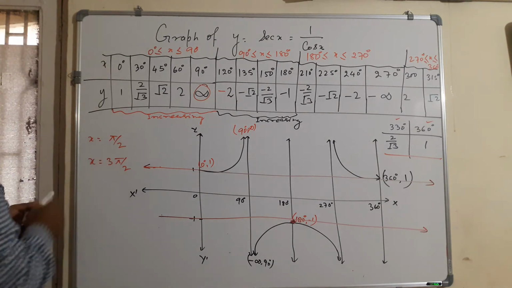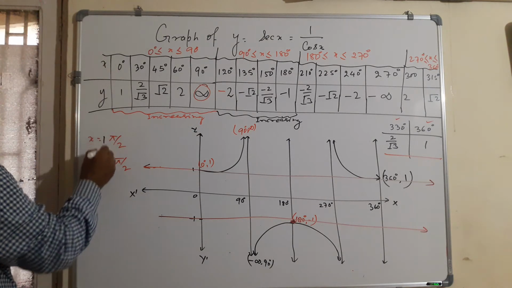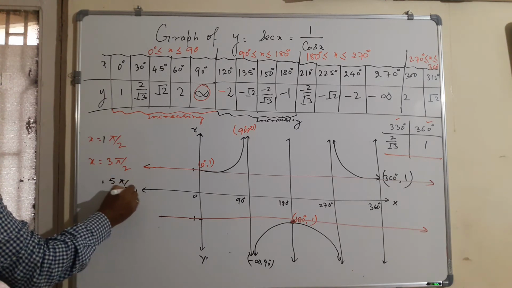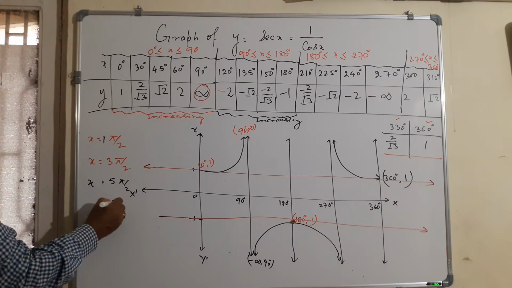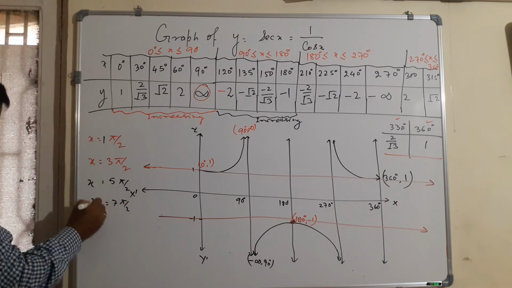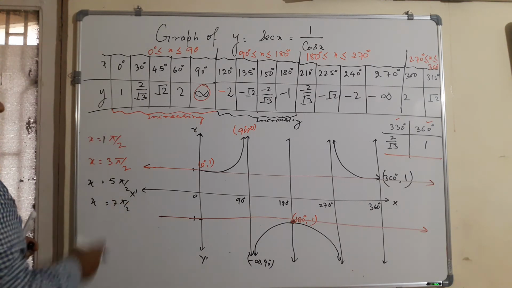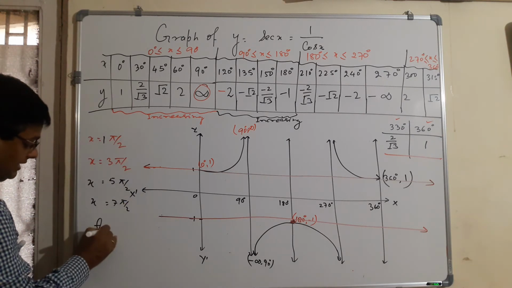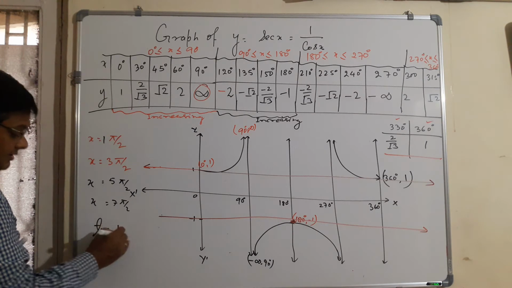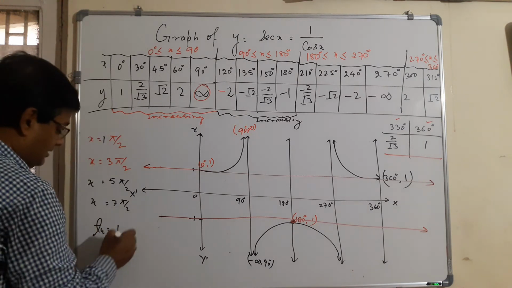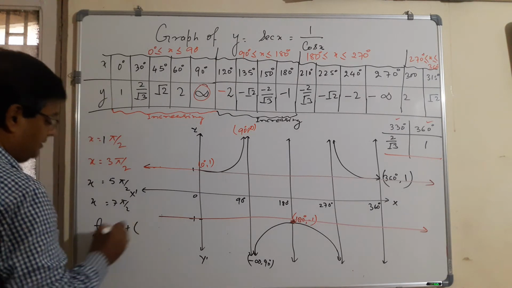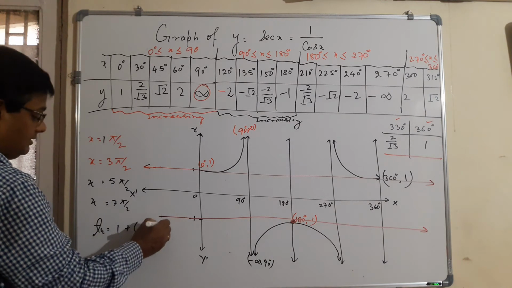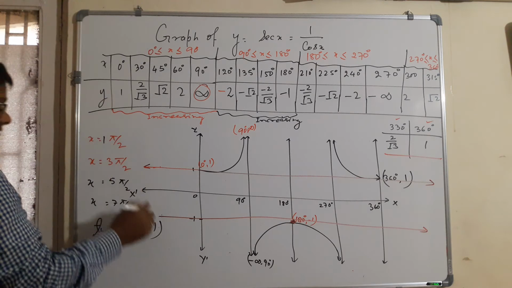So similarly it will become 5 pi by 2, 7 pi by 2, like this it will go. It means when you take the arithmetic progression, Tn is equal to a plus (n minus 1) into d, where a is 1 and the common difference is 2.